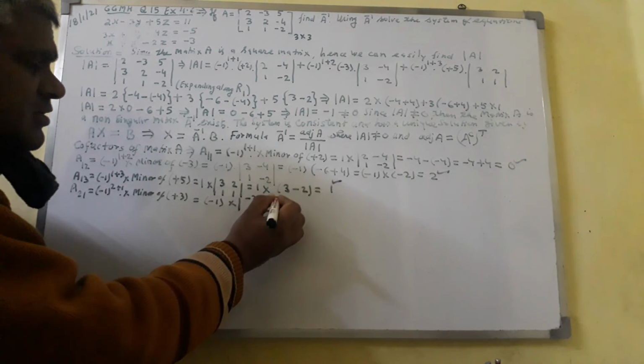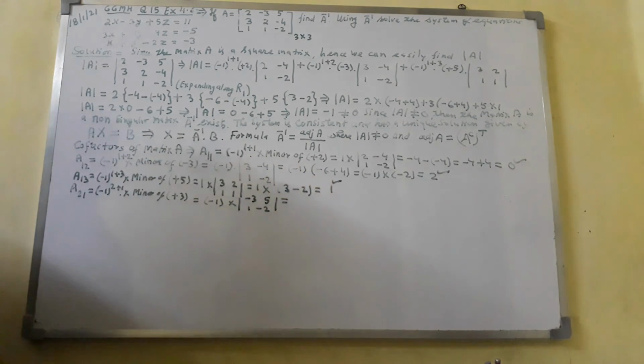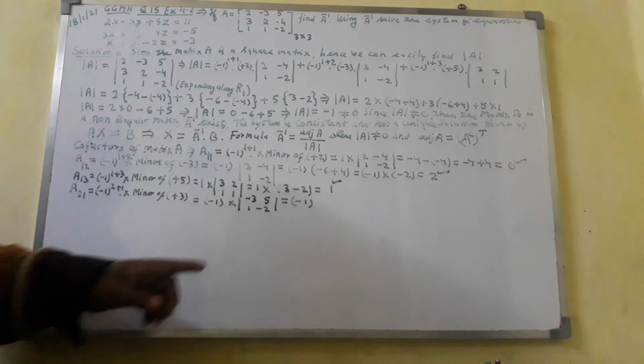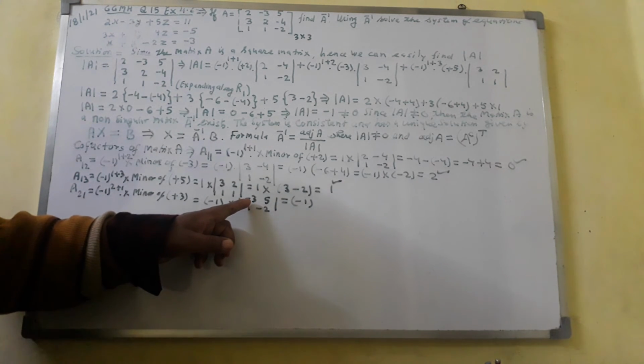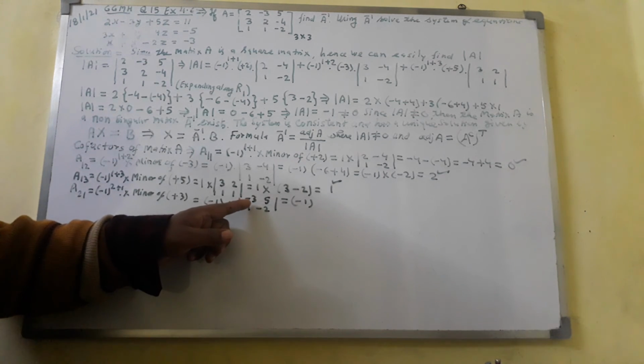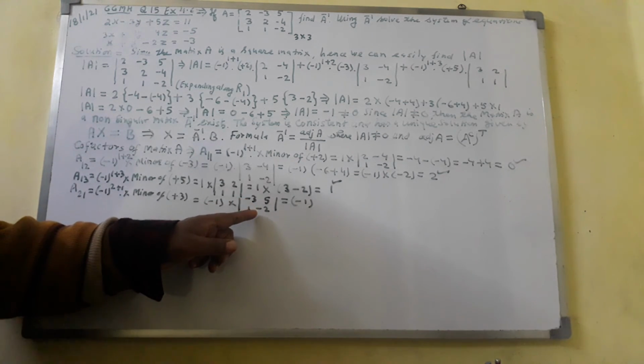Minus 2 will be equal to minus 1, I shall write here. Here you can see my elements of the principal diagonal are minus 3 and minus 2. The elements of the principal diagonal, minus 3 and minus 2, will multiply together. So minus 3 multiplied by minus 2 comes out to 6.